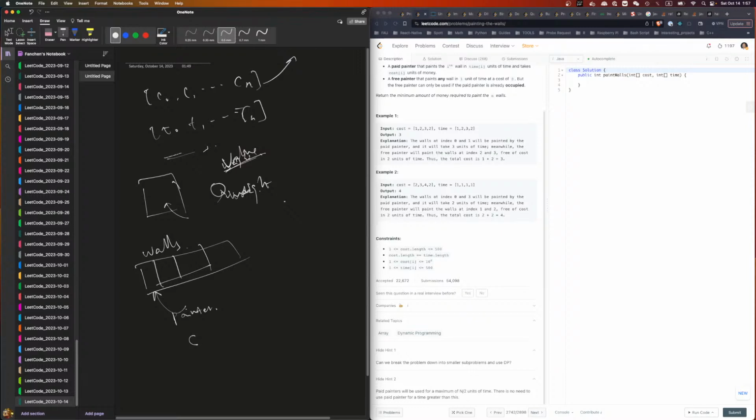So in this case, we say for the ith wall, if I paint it, I will be able to fill 1 plus time I walls. I can paint that much, which means I can paint that many walls.